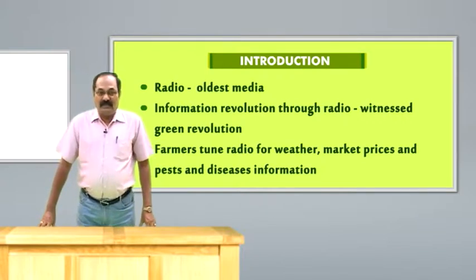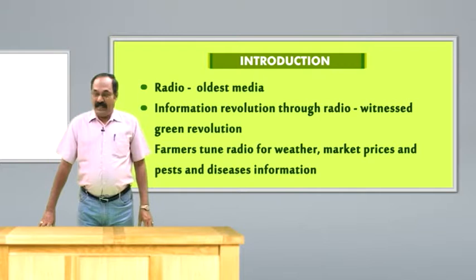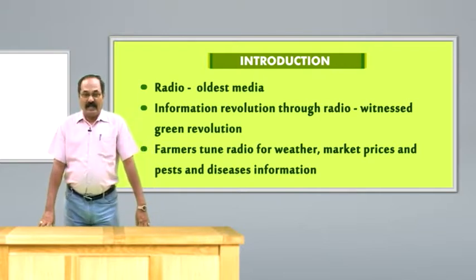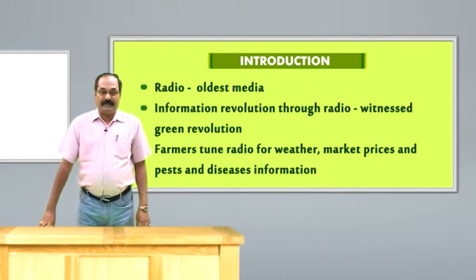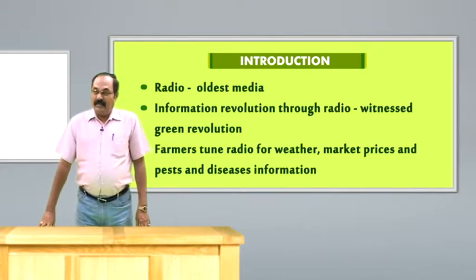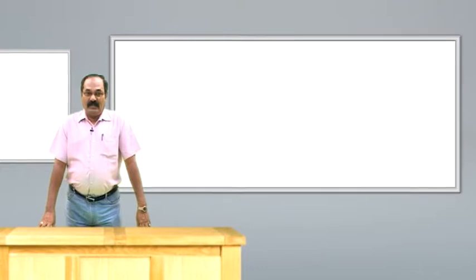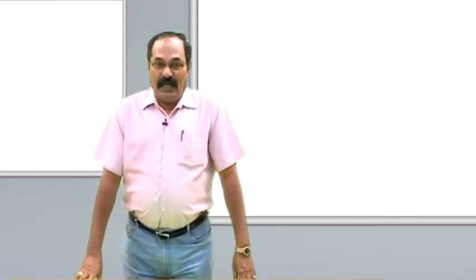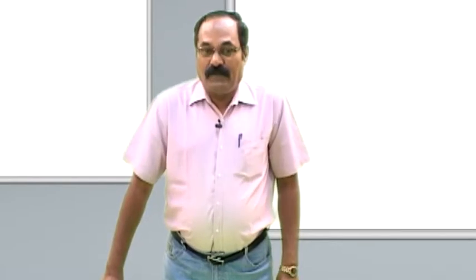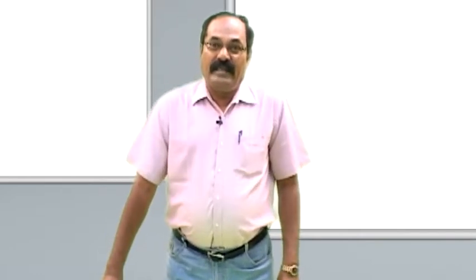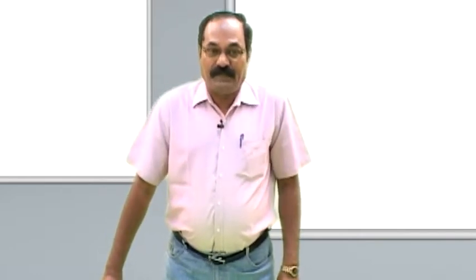The farmers tuned to the radio mainly for weather forecasts, market prices, and to know about pests and diseases. The radio has remained one of the most popular entertainment media in our country, and in doing so the agricultural issues have become general, and also for irrigated belts in our country.